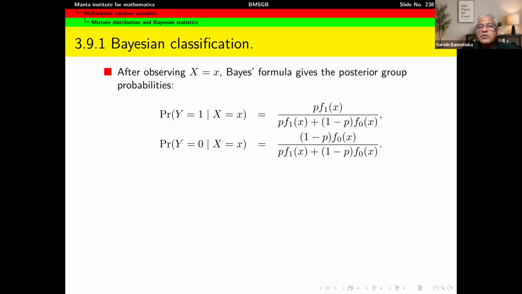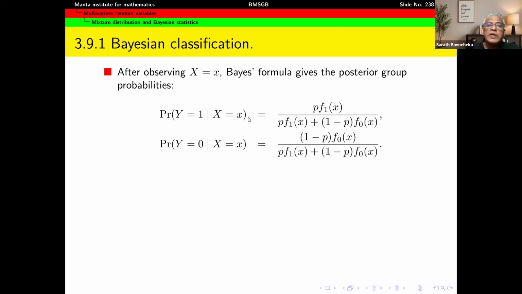So an interesting quantity to look at is, for a given x value, what is the probability that the observation came from group 1? That is the probability that y is equal to 1 given that x is equal to simple x. And similarly, what is the probability that y is equal to 0 given x is equal to simple x, right? Of course, the second probability will be 1 minus the first probability. In this case we have only two groups, but this also can be extended generally for k groups.